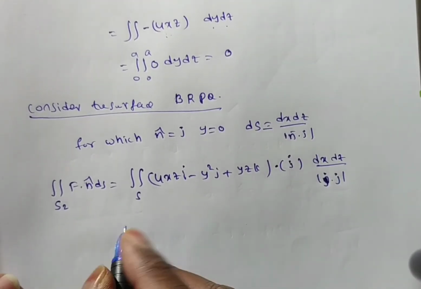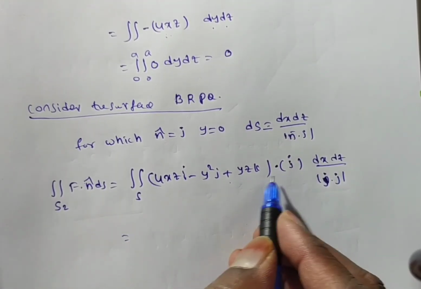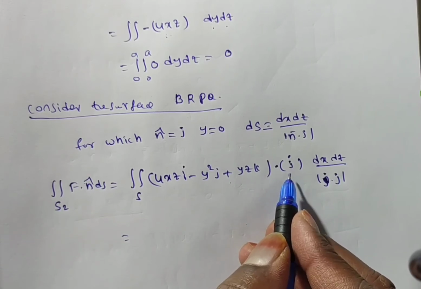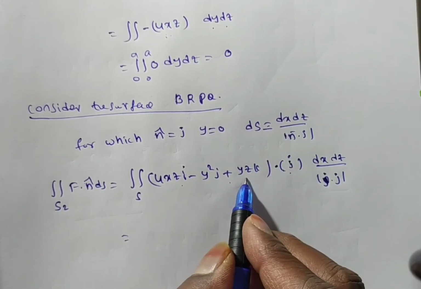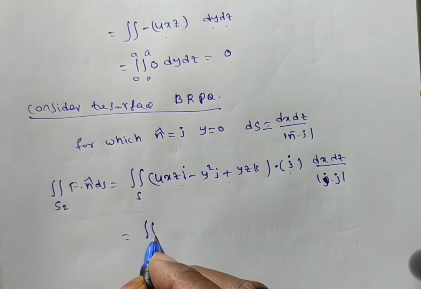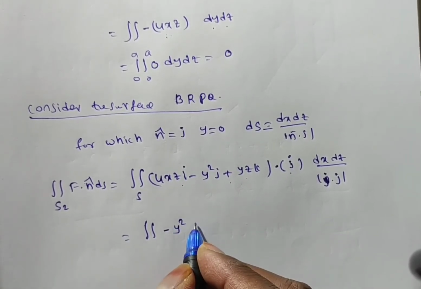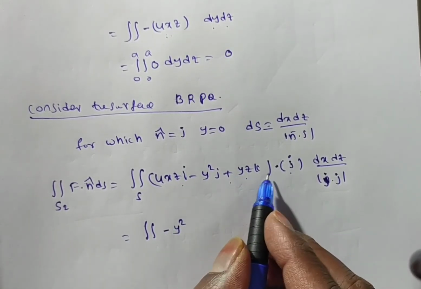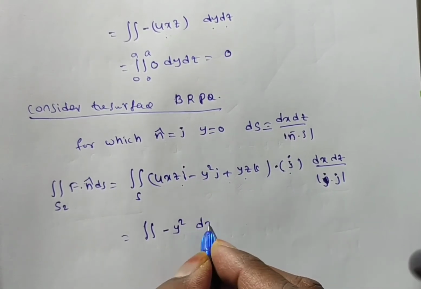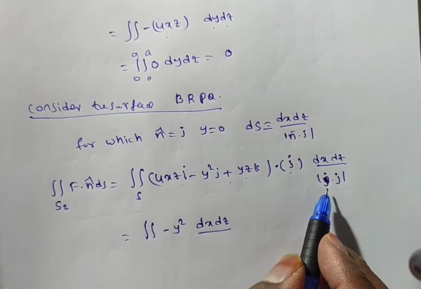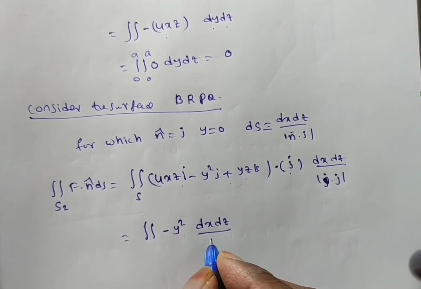Okay, now in this case we are taking dot product of the two vectors, that is here second vector is containing j, so i dot j is 0 and j dot j is 1, so double integral of minus y square into, this is 0 because k dot j is 0, into dx dz by, what is the j dot j, 1, mod 1 is nothing but 1, no need to write also.